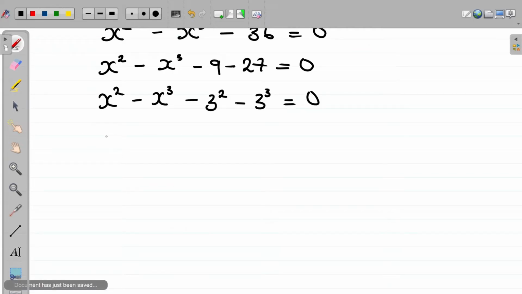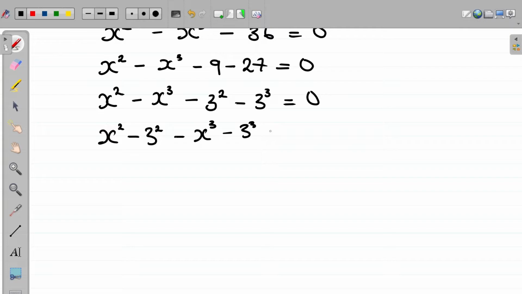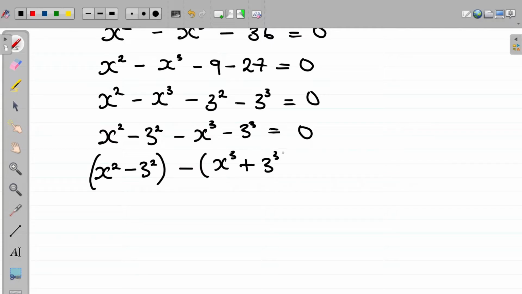Now, our equation can be expressed as x squared minus 3 squared minus x cubed minus 3 cubed equal to 0. Now, if we group our terms, our equation becomes x squared minus 3 squared minus x cubed plus 3 cubed equal to 0.